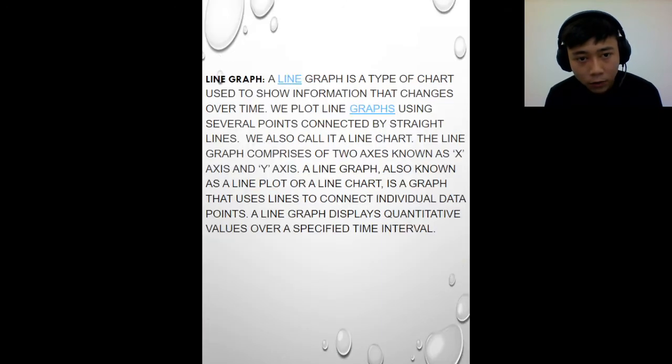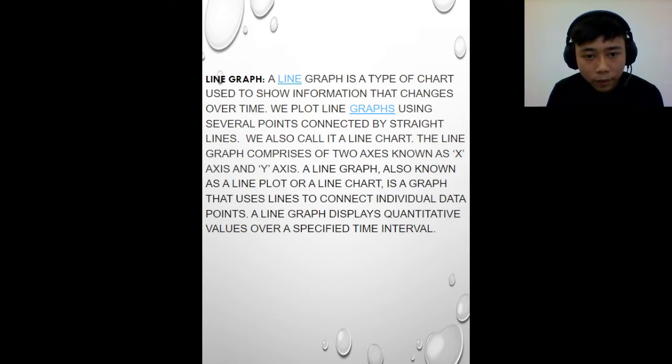So, definition of line graph. A line graph is a type of chart used to show information that changes over time. We plot a line graph using several points connected by straight lines. We also call it a line chart.